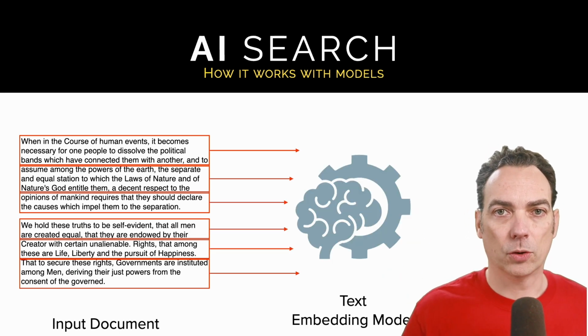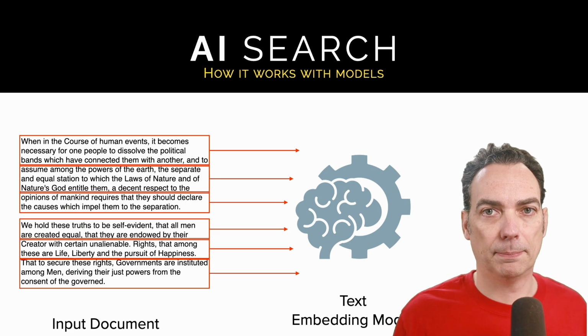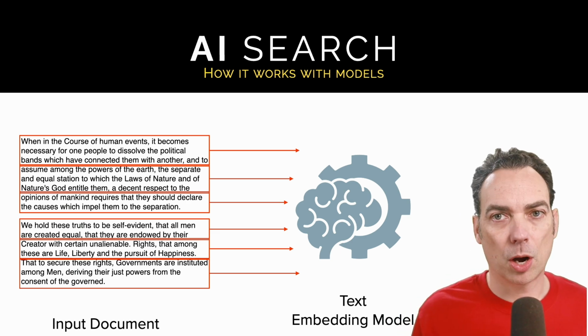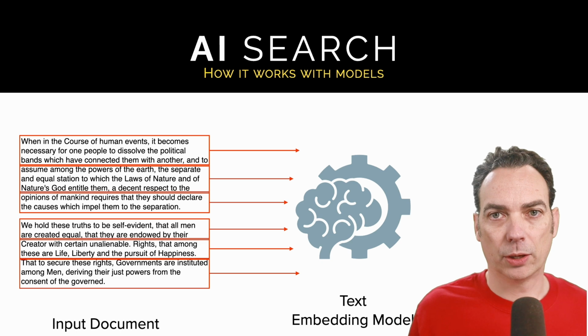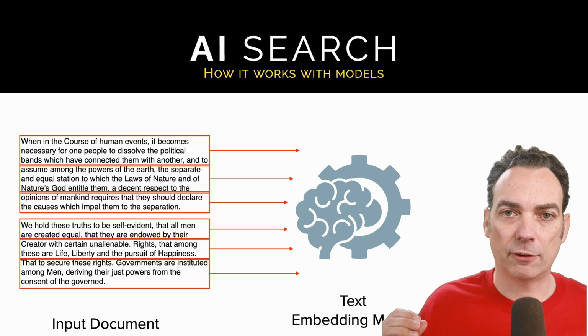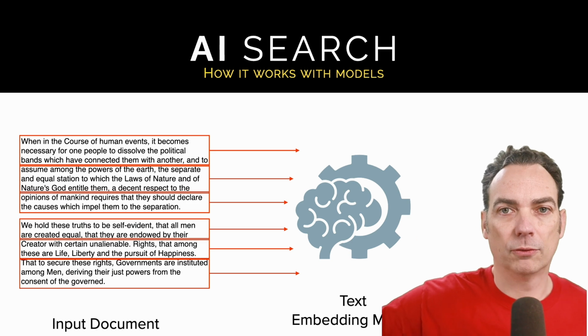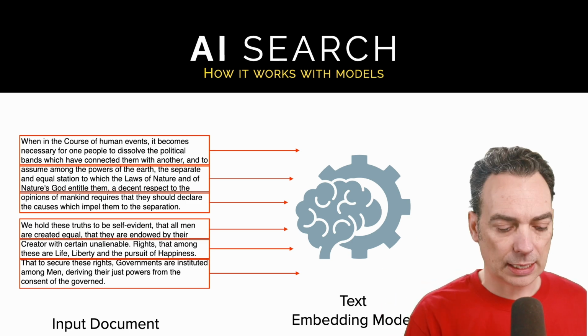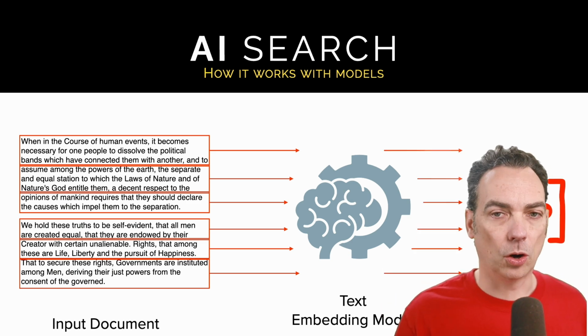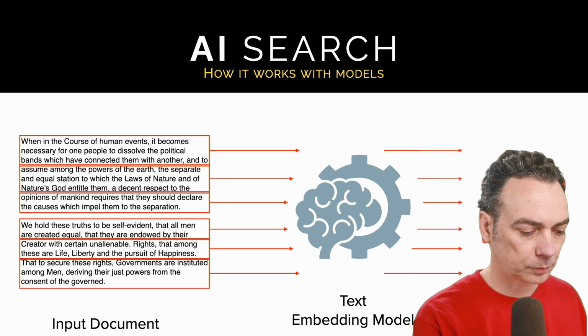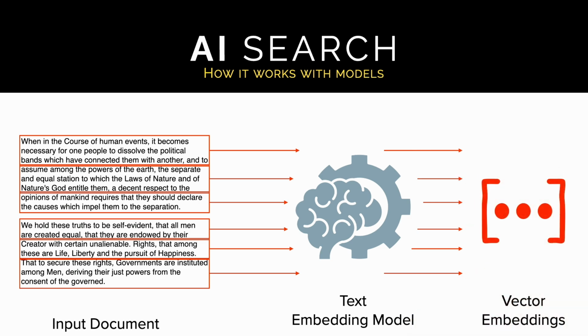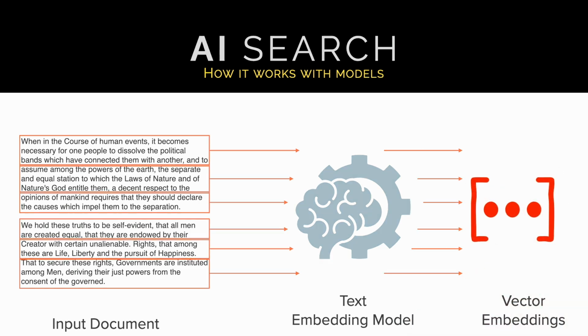And then all of that goes through a type of model called a text embedding model. A text embedding model is just like the large language models that you know and understand, but instead of returning an inference, an English language completion of whatever your question is, it returns something called a vector embedding. And a vector embedding is basically a simple concept.